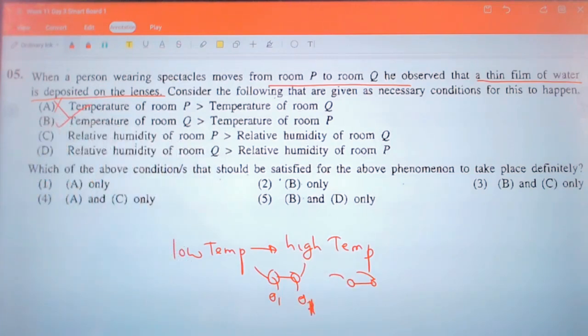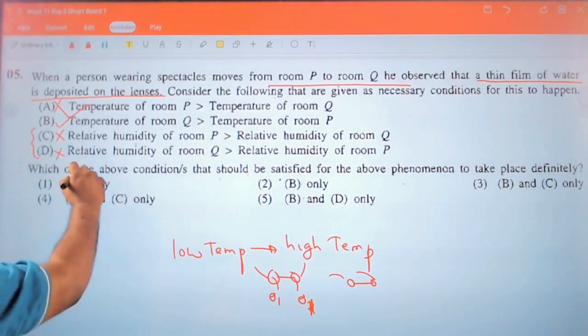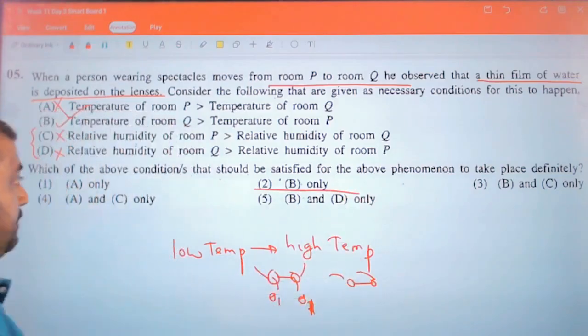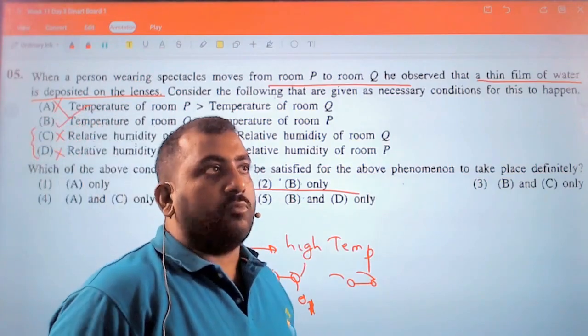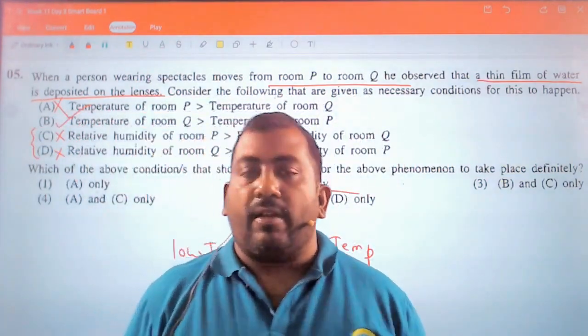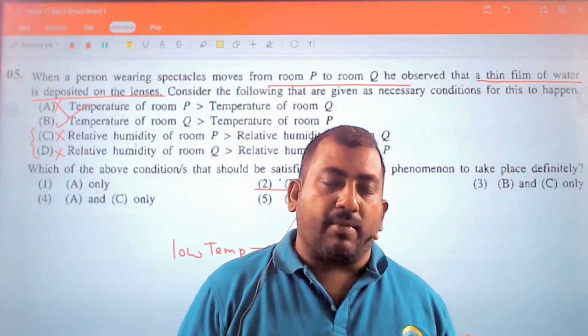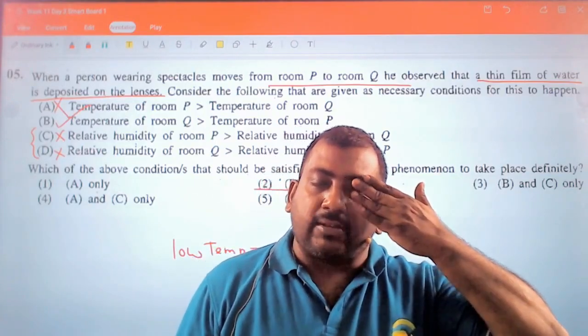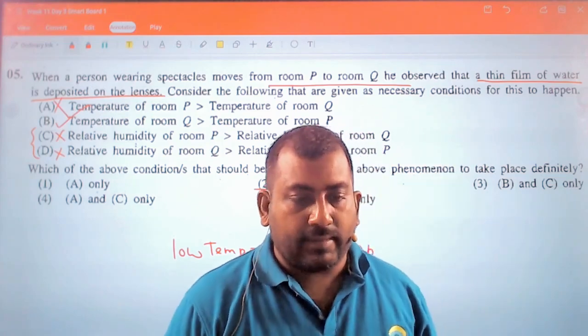So we can't say which humidity is higher. This we cannot conclude. So the only possible answer is B, answer number 2. When we move from a low temperature room to a high temperature room, the glass is also at low temperature.